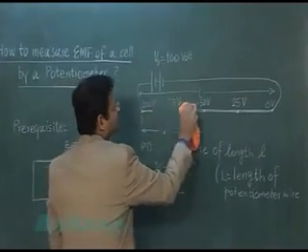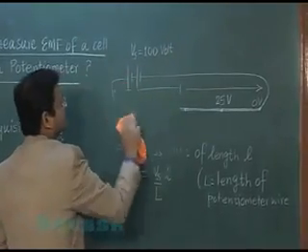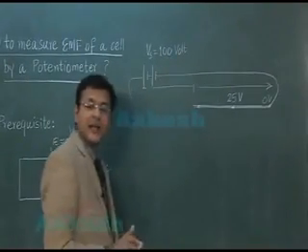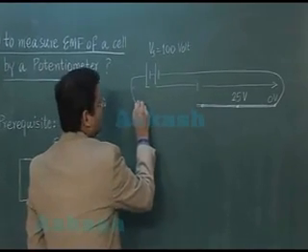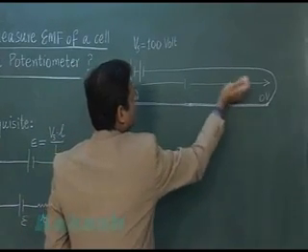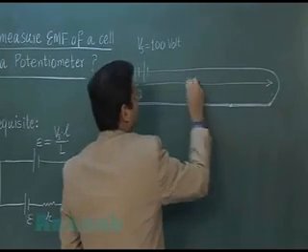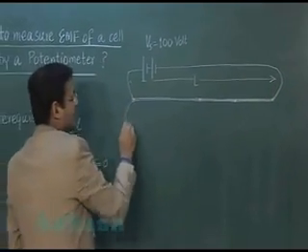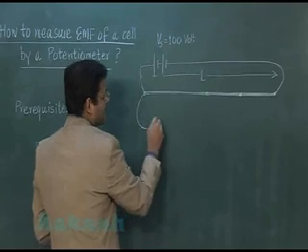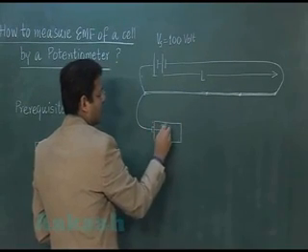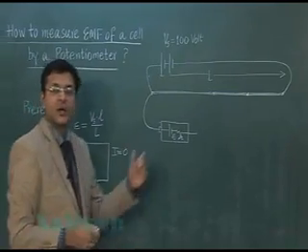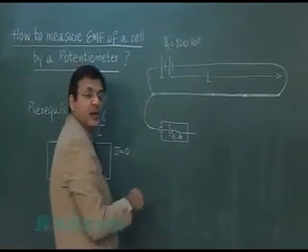The idea is that the EMF of a cell to be measured is connected here like this. The cell whose EMF you want to measure, you connect that cell here. Internally I have shown the circuit. The cell whose EMF you want to measure, connect it here, and you are given a jockey.